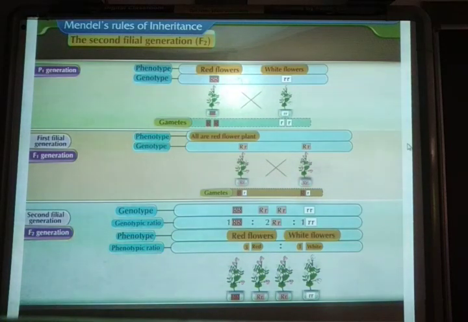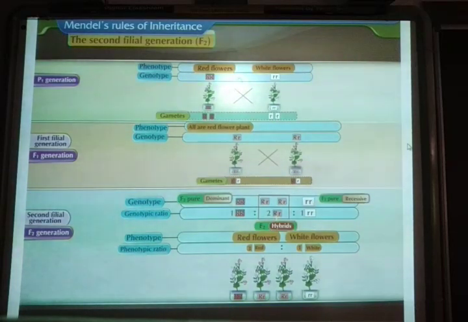Thus, phenotypically, there are two types of progeny, namely red-flowered plants and white-flowered plants, while genotypically, there are three types of progeny, namely F2 pure dominance with constitution capital R capital R and producing red flowers, F2 pure recessive with constitution small r small r and producing white flowers, and F2 hybrids with constitution capital R small r and producing red flowers due to the dominant gene capital R. The F2 pure dominance and pure recessives are both homozygous, showing the presence of two same types of alleles in the zygote after fertilization.